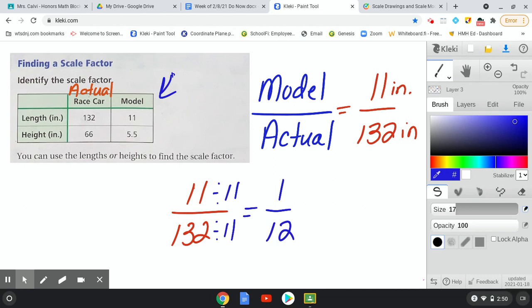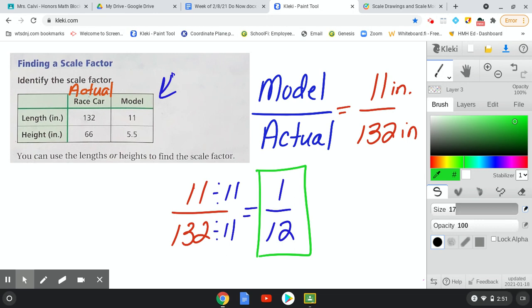The actual car was 132 inches. Simplify that down. That gives us a scale factor of 1/12. Okay? And again, that means that each dimension of the drawing or the model is 1/12 of the corresponding dimensions of the actual car.